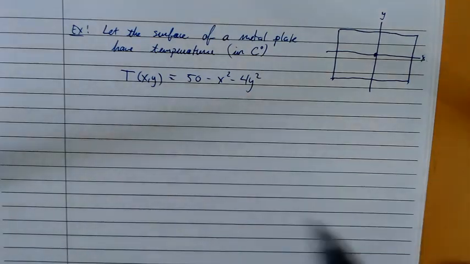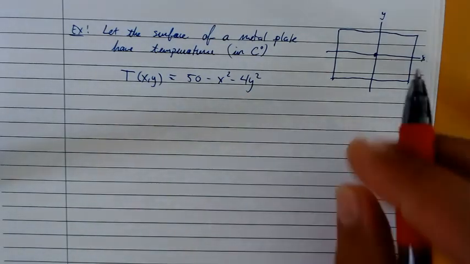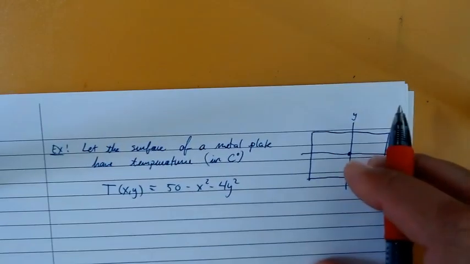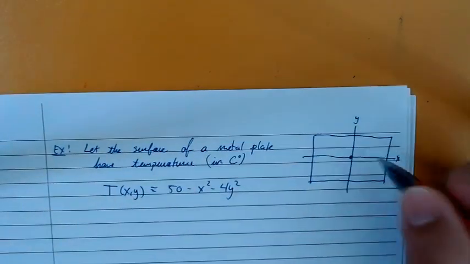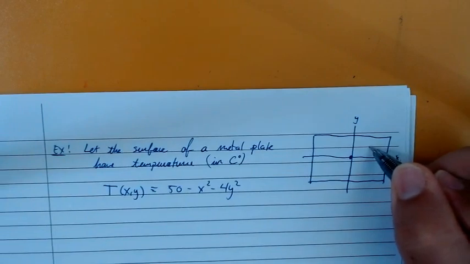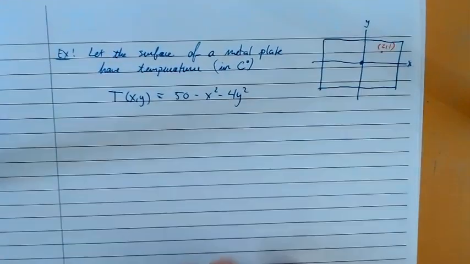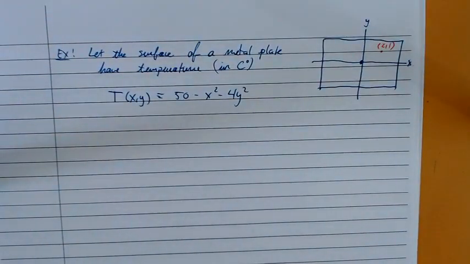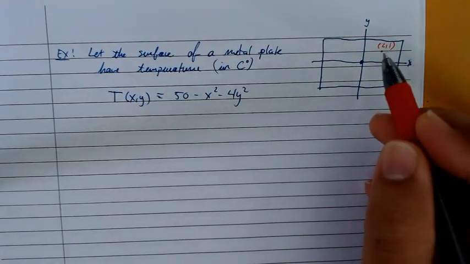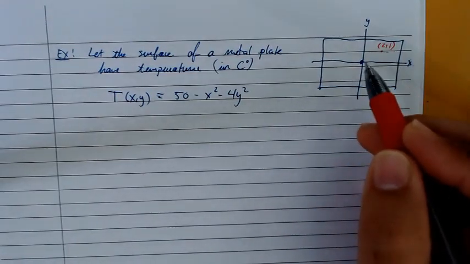Now, let's say you are a little bug. You're sitting somewhere on this plate. In fact, let's give a specific location. You're sitting right here on this plate, which is the point 2, 1. And let's say you're very, very cold. And for some reason, you need to not be very, very cold, right? So what you want to do is move to where it's warmer.